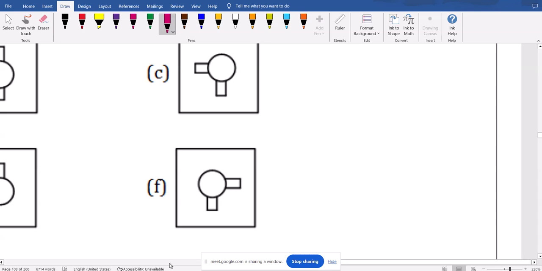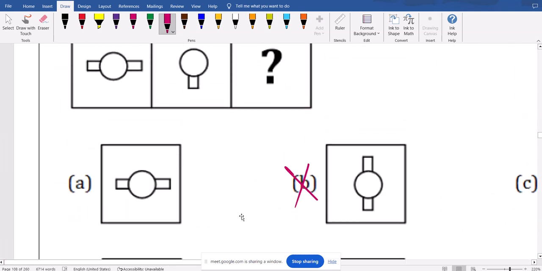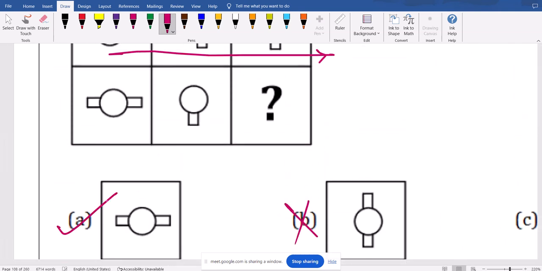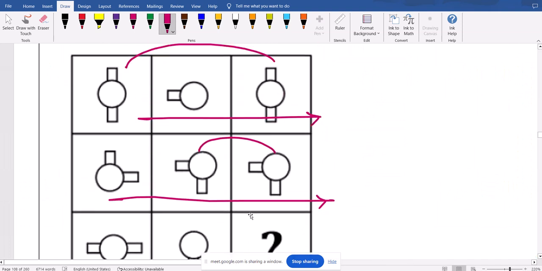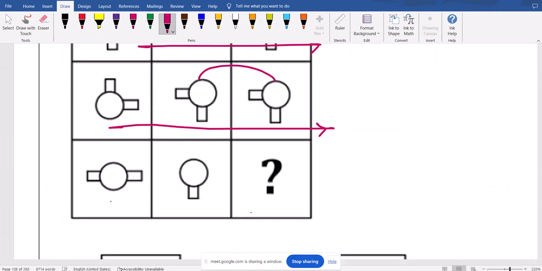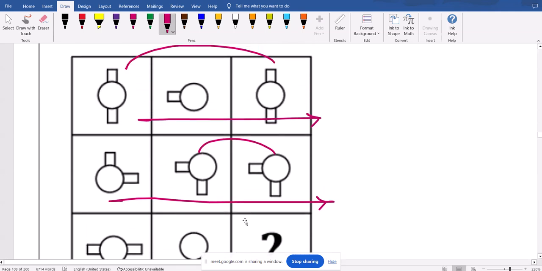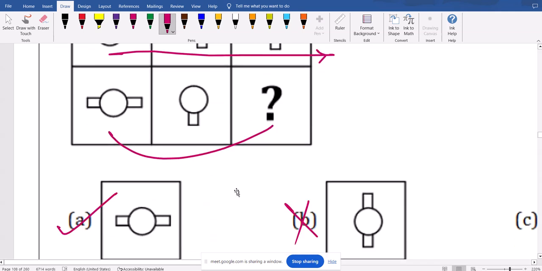So we should go with option A, sir. They want at least one common property here, and two elements must be common. Two common elements exist, so that we can observe only in option A.